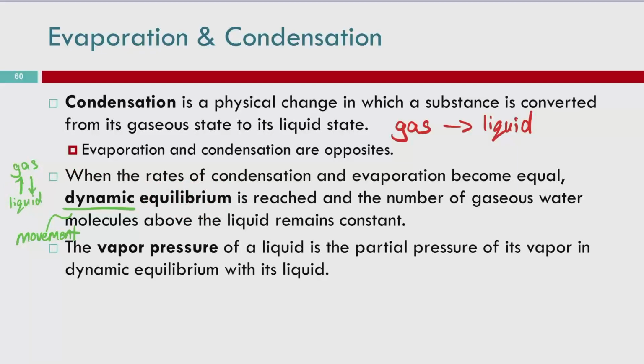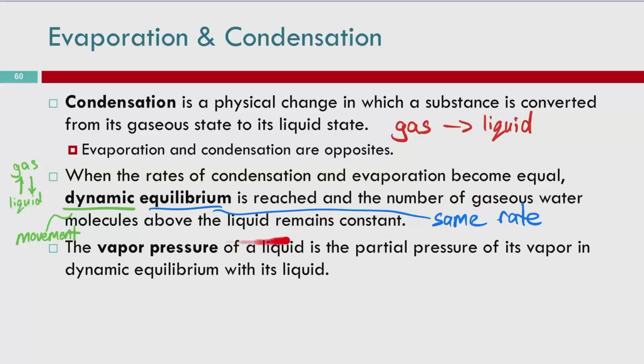The processes are happening at the same speed. And when we're in dynamic equilibrium, we are changing from a liquid to a gas and a gas to a liquid, but because the rates are the same, the amount of gas that's above the liquid will remain constant.